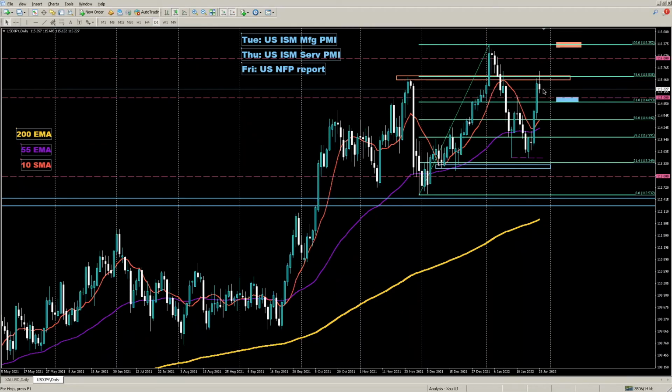So dollar yen should find some support and then attempt to break out higher, and that's going to be a key resistance zone. If it does dip lower, there is still support from the 50 fib, which means that it may not be able to break out higher yet and just consolidate within this zone.